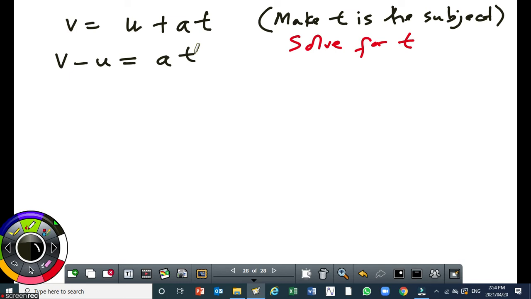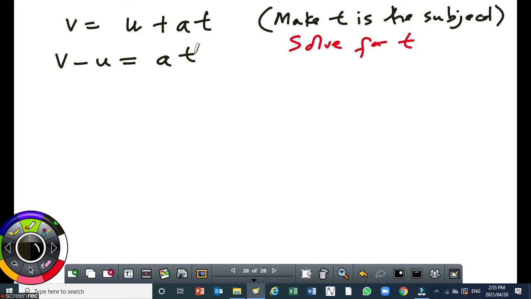By solving for T, it doesn't mean that the answer we get must be a number. It does not always have to be a number. It can be a combination of letters, like the answer here. This equation is a linear equation because the exponent of all of them is equal to 1.